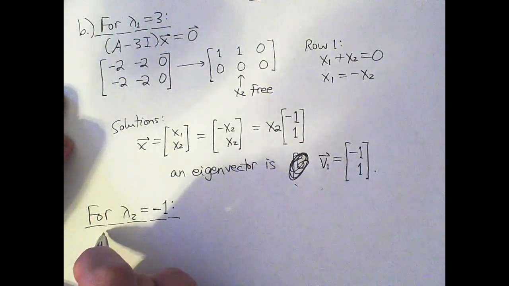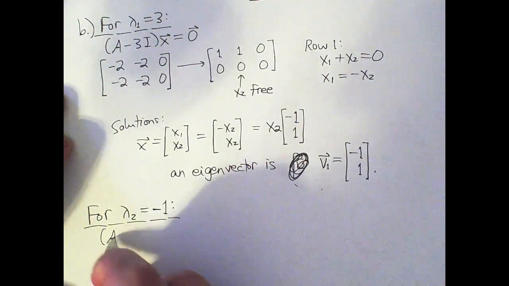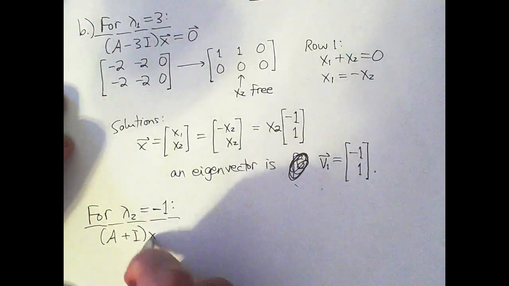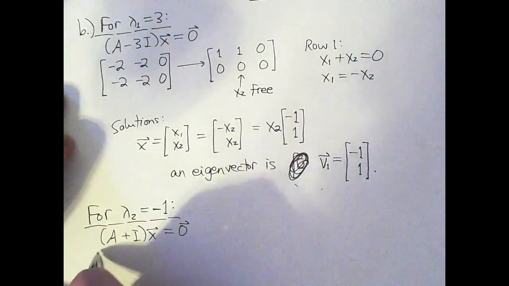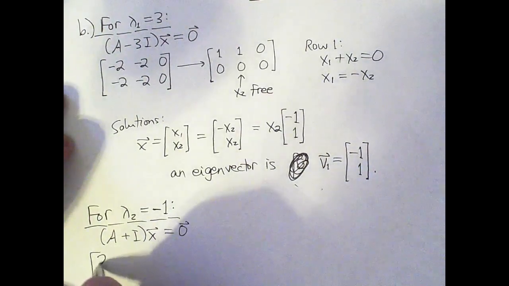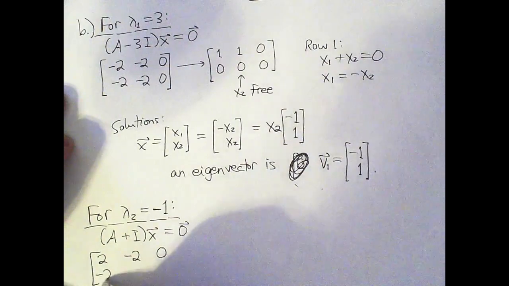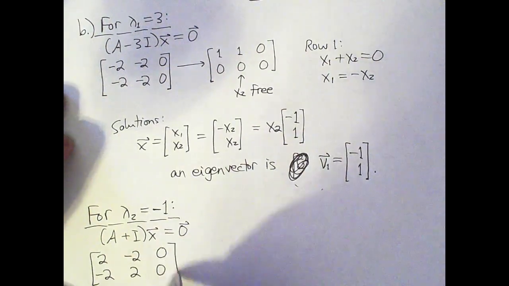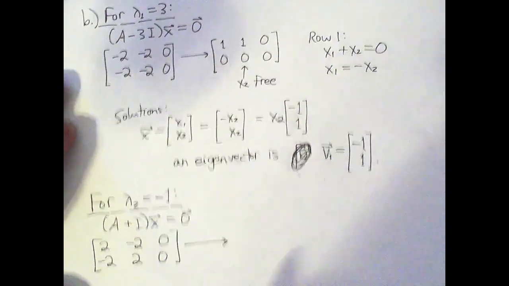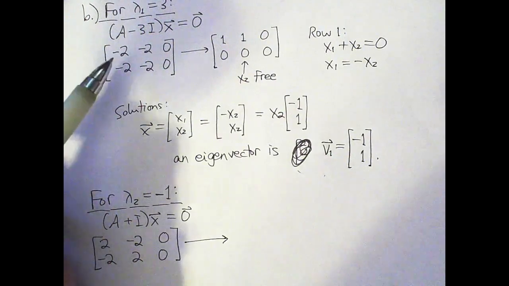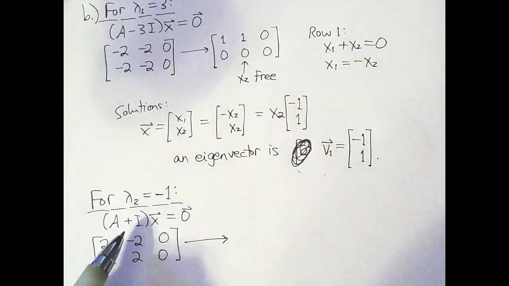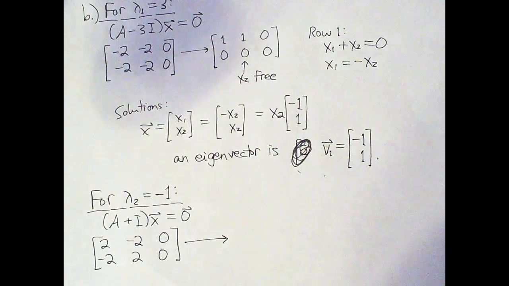This time when I work with (A + I)x = 0, I have the matrix 2, -2, 0, -2, 2, 0. Sometimes when you do these problems, the augmented matrices that you get for each part have a nice structure.